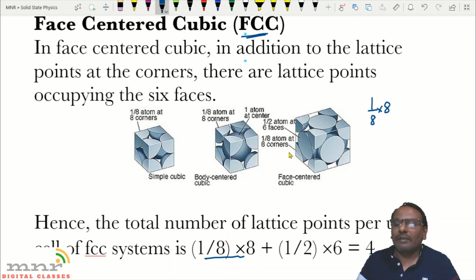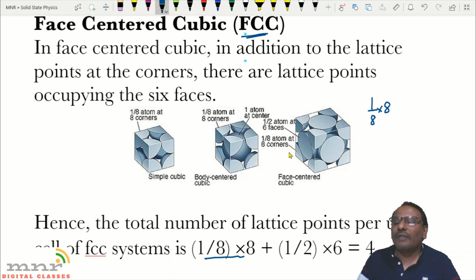1/8 times 8, plus we have the 6 atoms located at the 6 faces of the FCC crystal. But observe the diagram, only half of each such atom belongs to the given unit cell, while the remaining half is shared by the neighboring unit cell.